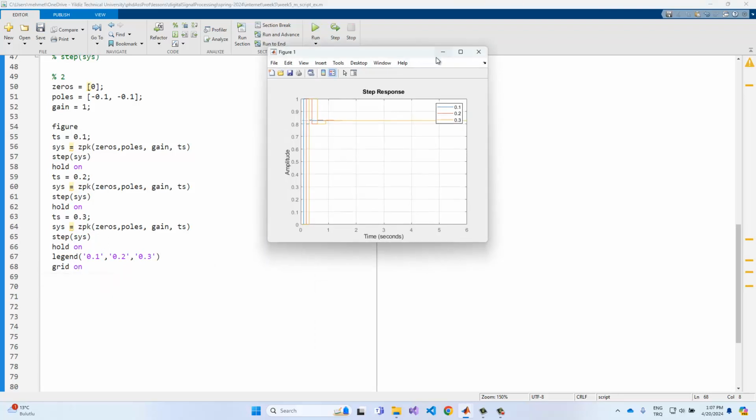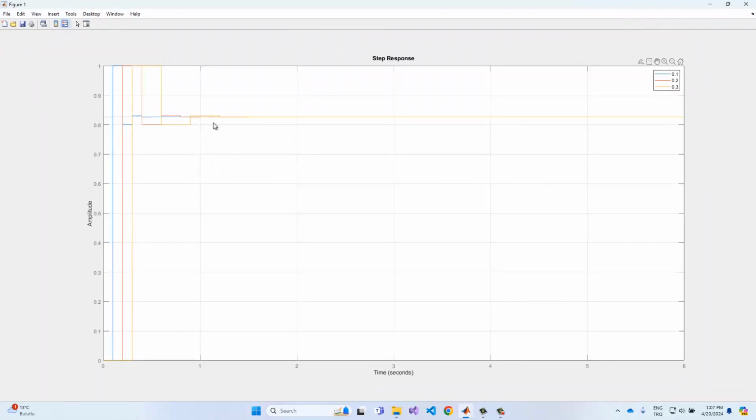So we have 3 different responses in here just like this one, 0.1, 0.2, and 0.3. The yellow line is the lowest frequency, but 0.1 is the highest sampling rate in here just like this one. Just see that our algorithm or our response is the same with 0.2 and 0.3, but we have one difference based on these signals.